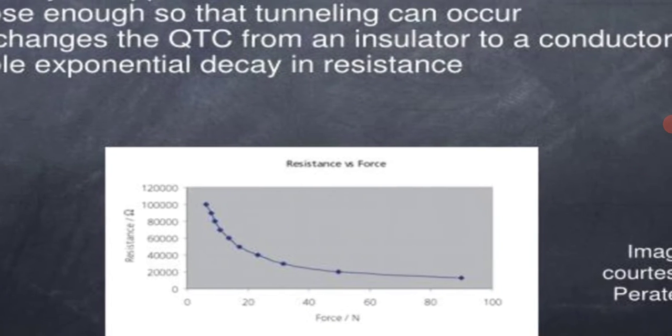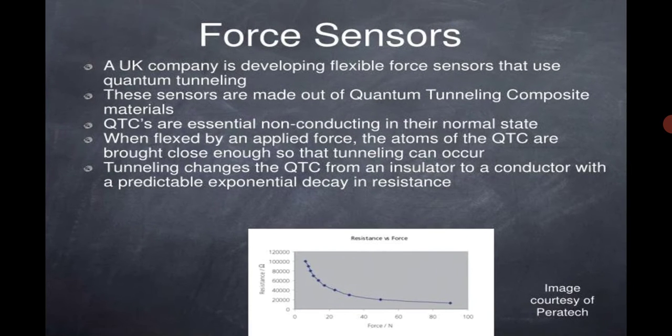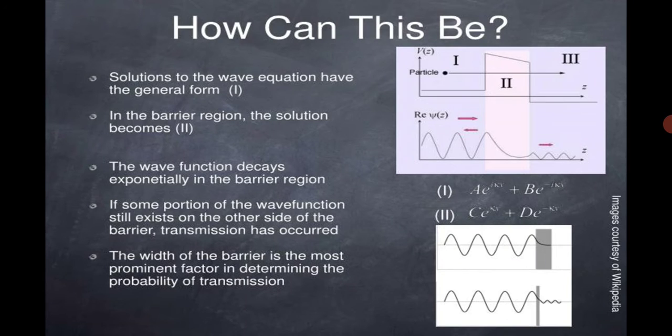Now, in the graph, on the x-axis there is force and on the y-axis there is resistance in ohm. When the force increases, the resistance goes on decreasing. So this is nothing but the tunneling effect in sensors.